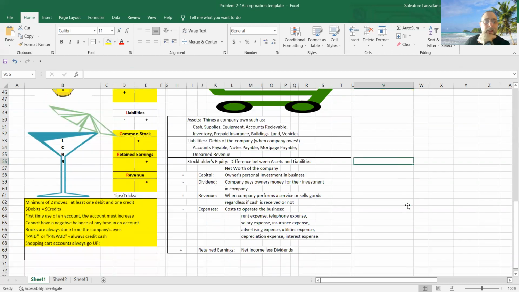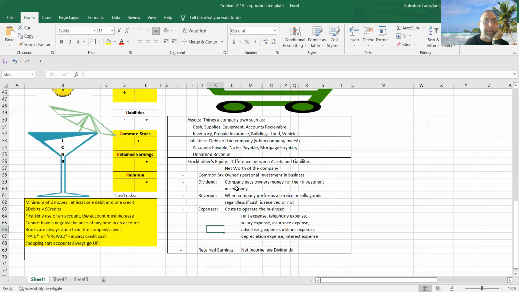Down in this section, when you're looking at the impact on your stockholders' equity, I'm going to change that to common stock instead of capital. Common stock is basically how you become an owner in the business, right? Common stock makes your equity go up, where dividends make it go down.